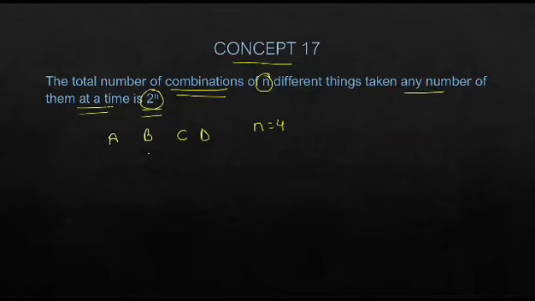Either we can select A, B, C or D. To select, suppose, 3 objects, the first option can be selecting B, C and D. The second one can be selecting A, B and C. So these are the ways of selecting any number of objects out of the given number of n objects. So its formula will be 2 raised to the power n.